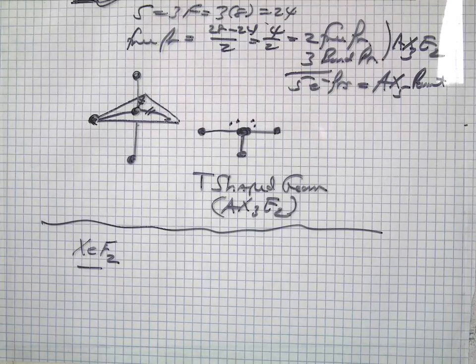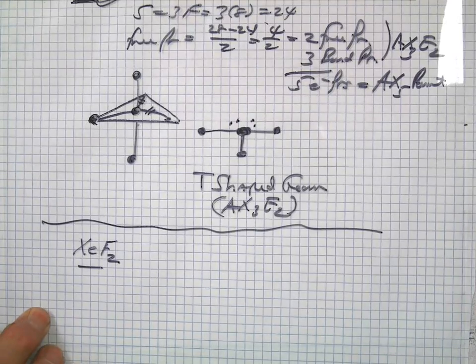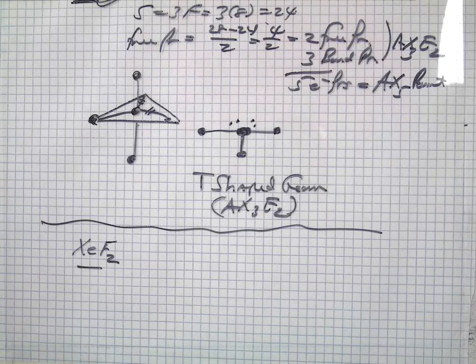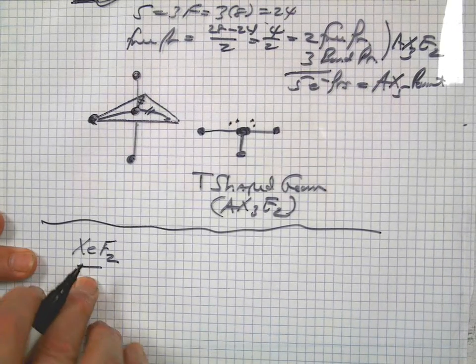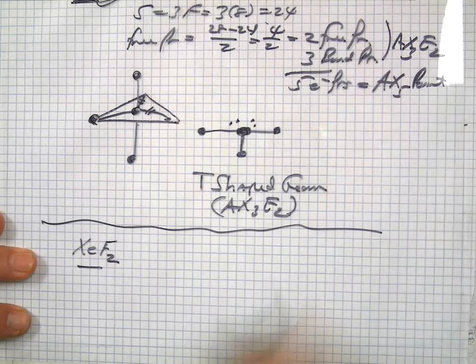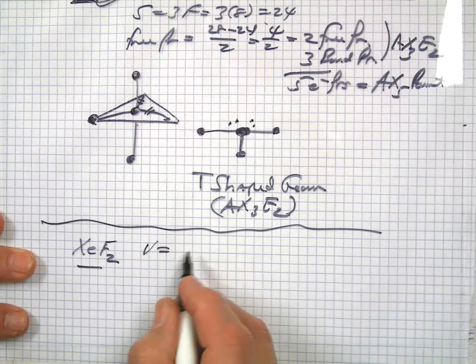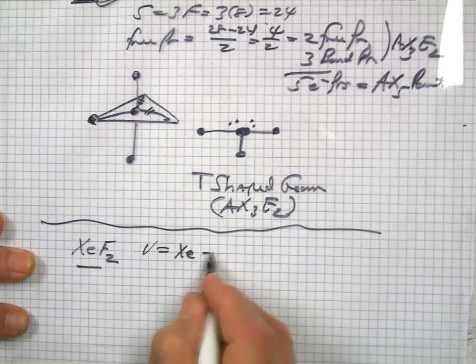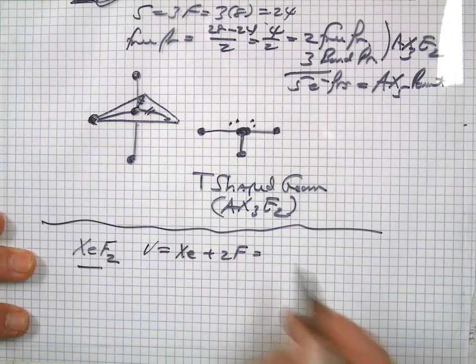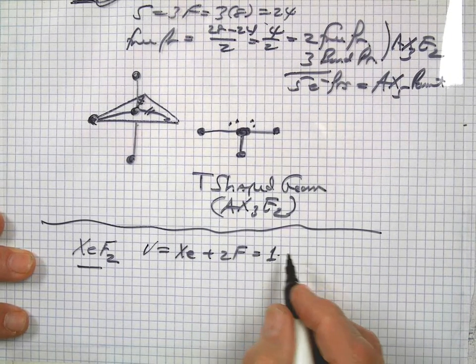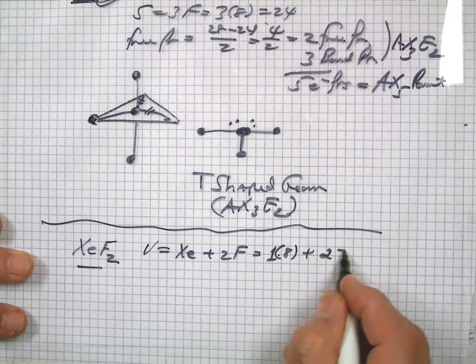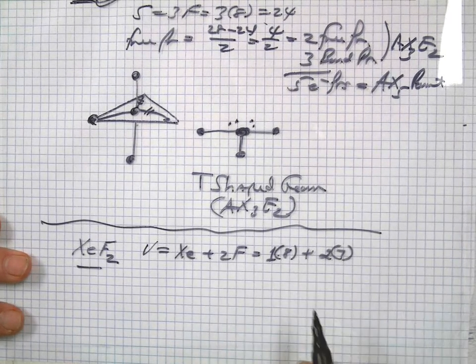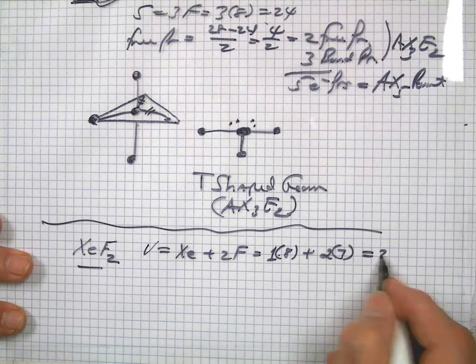So this is a molecule that is reacting as a reactive noble gas. So same calculations. Valence is 8 in this case, xenon plus 2 fluorines. So your valence number on a noble gas is 8, but the fluorine is 7. 8 plus 14, that's 22.